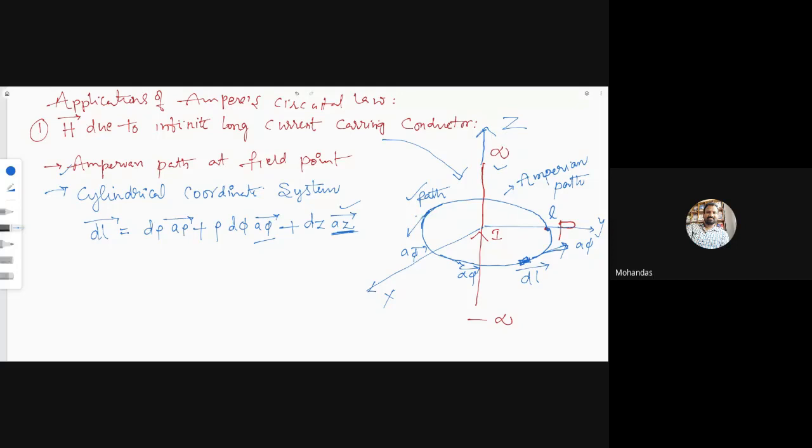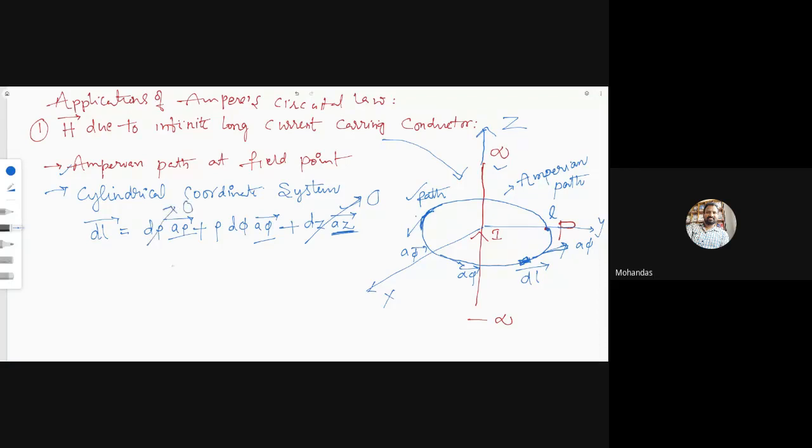This Amperian path is perpendicular to the conductor. The thickness of this Amperian path is very, very small, right? So dz becomes 0. And what about the rho direction? Do you have any change in the rho direction? No. This should also be 0.